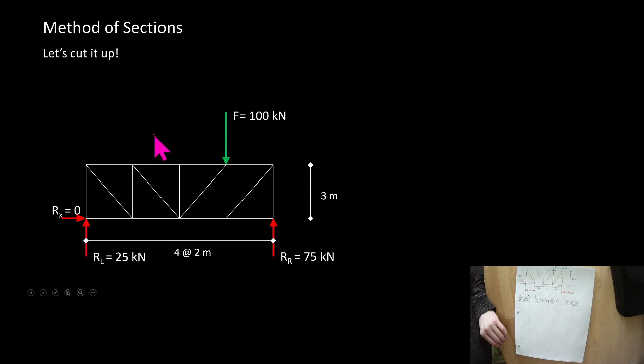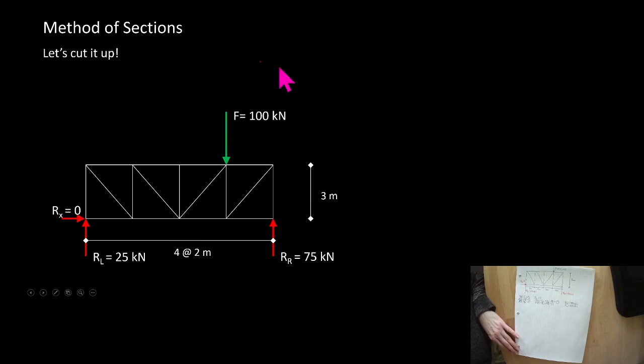So if we make a cut right here, there must be something happening in these members to stop this section from moving up and down, sliding back and forth, or spinning about the z-axis. So this is where I said for some people this is a bit of a leap of faith, but for some of you, you just find it very, very obvious what I'm saying.